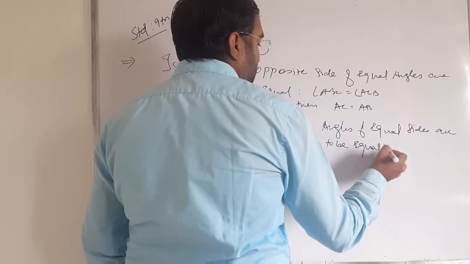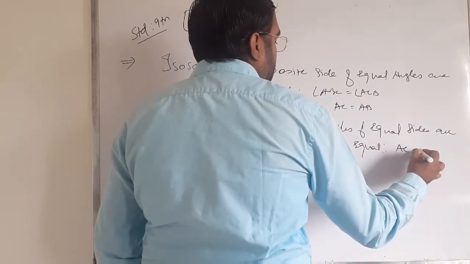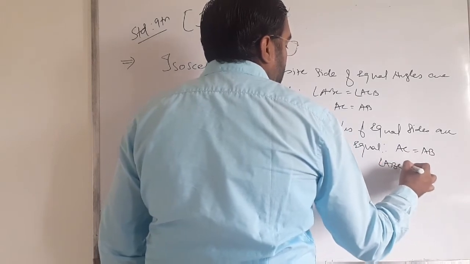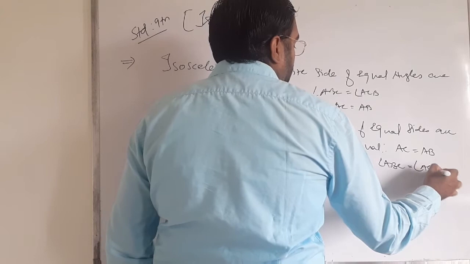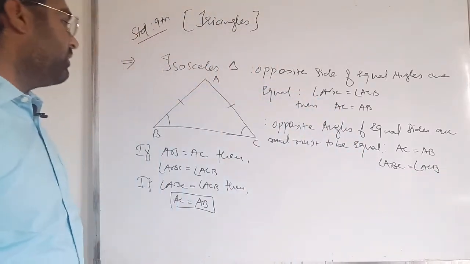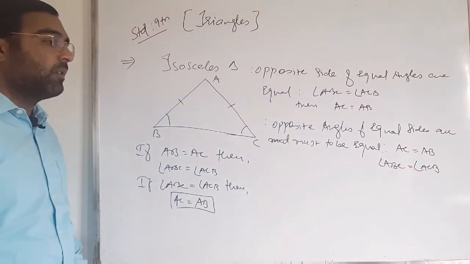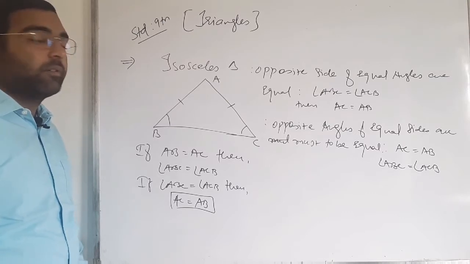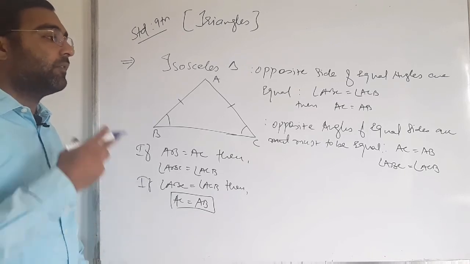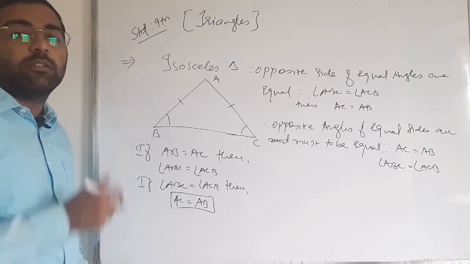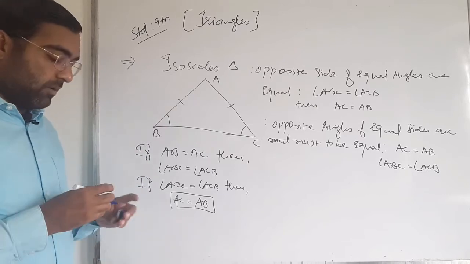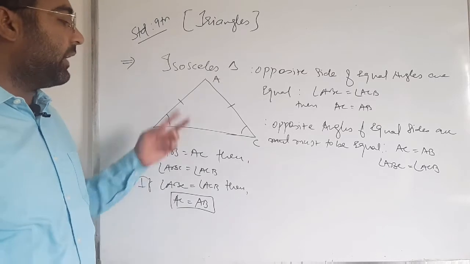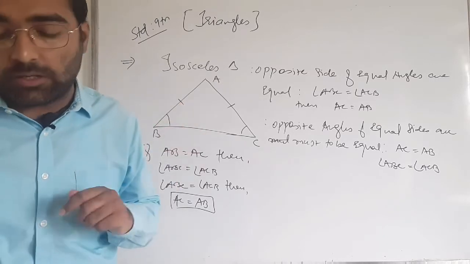That means if AC is equal to AB, then their opposite angles, angle ABC and angle ACB, are equal. Clear? This is one of the properties of the isosceles triangle: if any two sides of a triangle are equal, then their opposite angles must be equal.